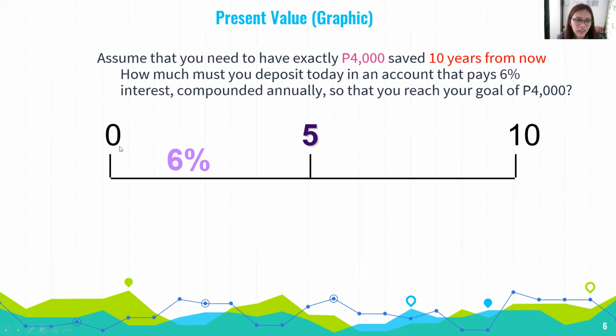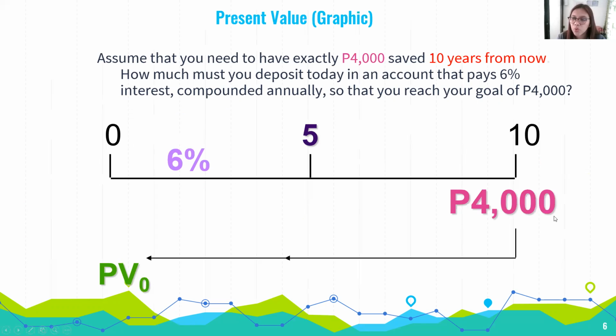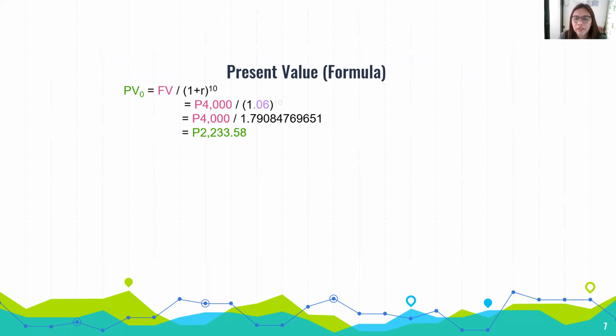Okay. So ito yun. Year 0, magkano kaya i-invest ko for me to have this 4,000 after 10 years? So that's the question. So anong gagawin natin? Using the formula, which is for a future value na gusto mo, no, divided by 1 plus rate, which is our rate is 6% raised to 10. So you get the present value factor.